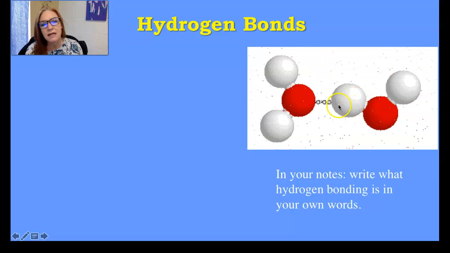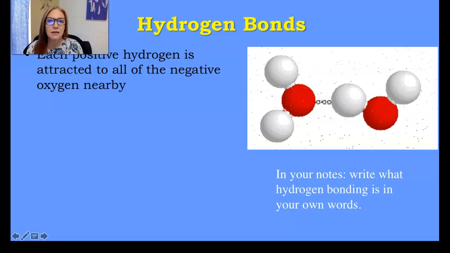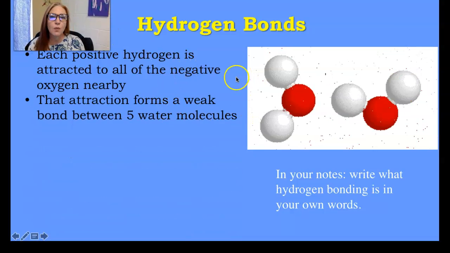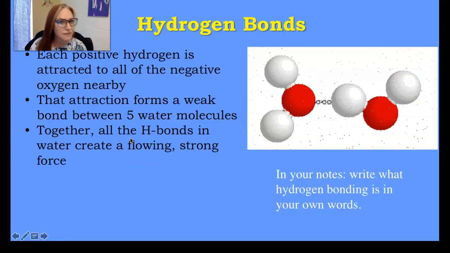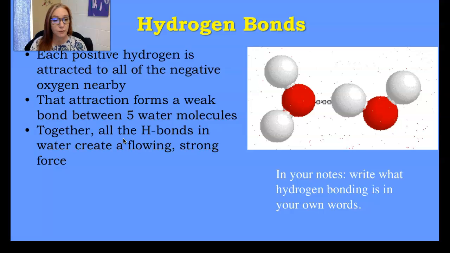So they get this pull toward them, and it isn't very strong. It's a weak bond and it ends up bonding water molecules together in this hydrogen bonding pattern. It's a weak bond, but when you get bazillions of them across a piece of water, that creates a strong flowing force.